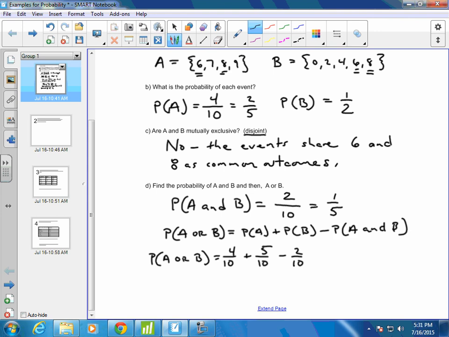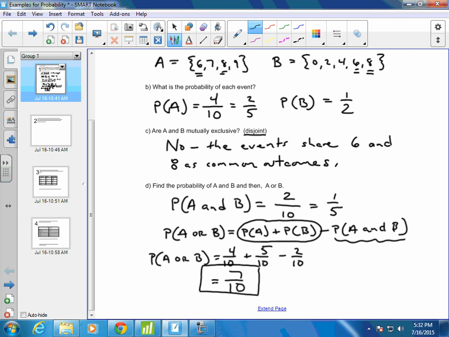The reason we use this formula is since they have common outcomes, if we just added the probability of A plus the probability of B together, we would be including twice all of the outcomes that they have in common. So this part over here is subtracting away the common outcomes so that you only count them once. So now let's see, 4 plus 5, that would give me 9, minus 2, that would give me 7. So we should have a probability here of 7/10.